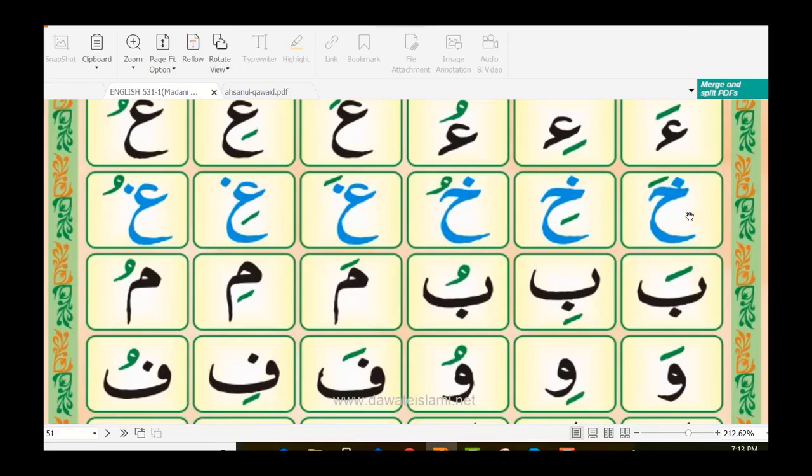Kha fatha Kha. The box in which you see my pointer is Kha fatha Kha, Kha kasra Khi, Kha damma Khu. Kha, Khi, Khu. And then it is ghain fatha gha, ghain kasra ghi, ghain damma ghu. Gha, ghi, ghu.